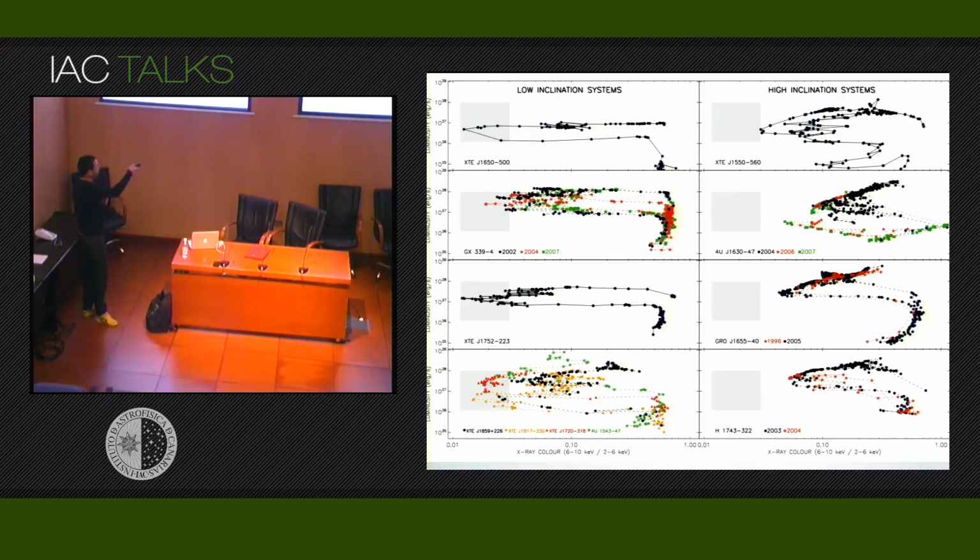But you can argue about shapes. What is interesting are the different colors and the different temperatures, which is actually what is leading the result.